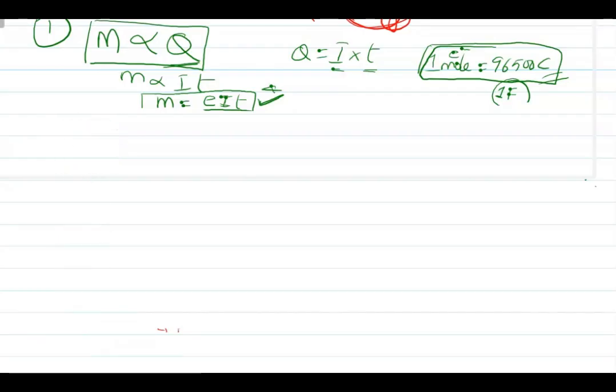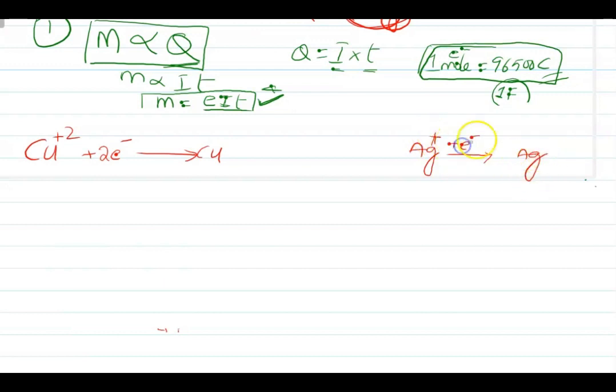Let's take an example, copper. To deposit copper from copper sulfate, we know that Cu2+ has to take up 2 electrons, correct? Let's take one more example. Silver: to deposit silver from silver chloride, it has to take 1 electron.